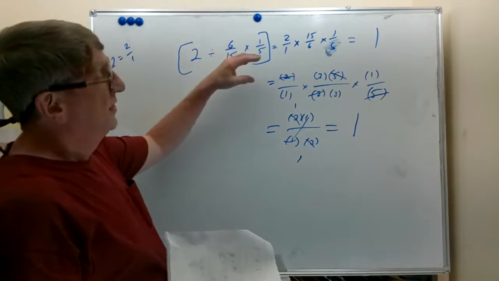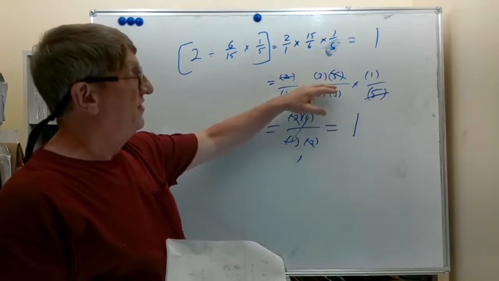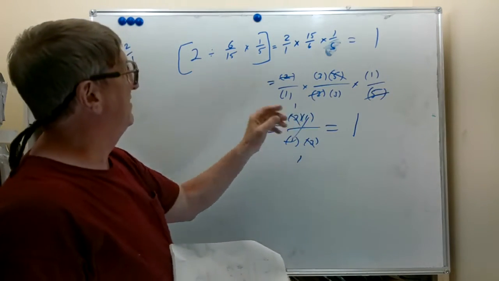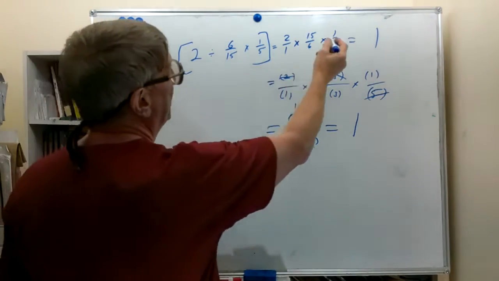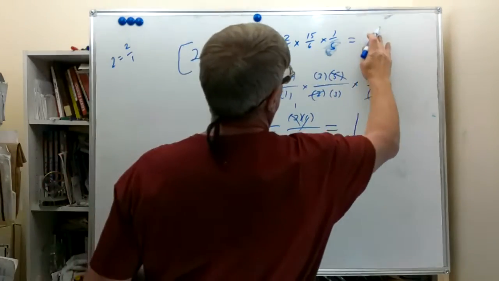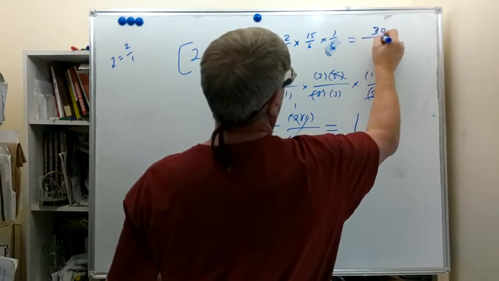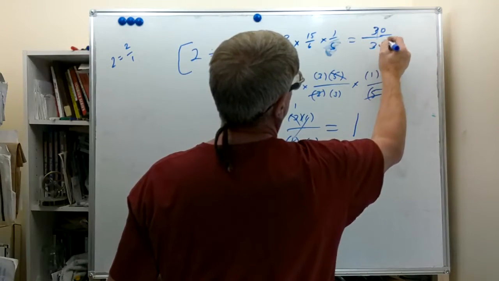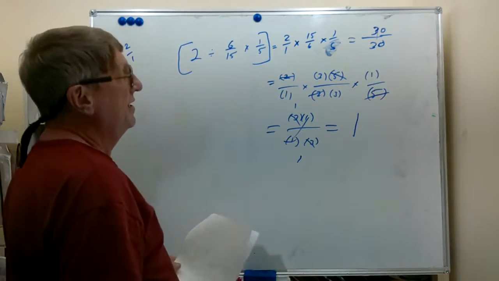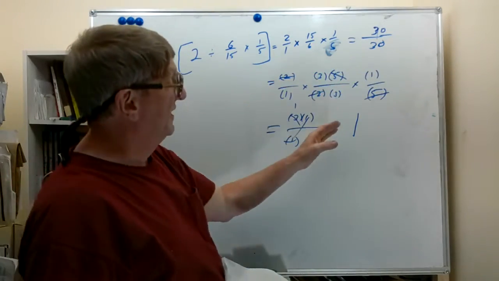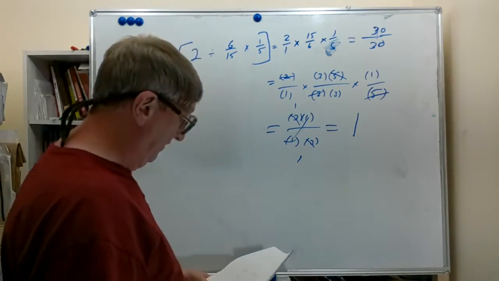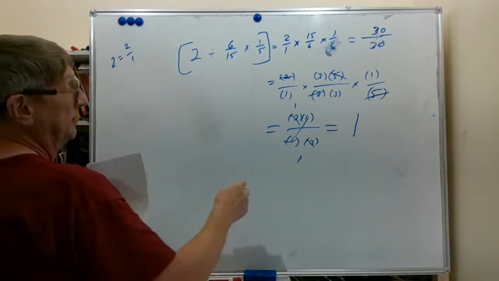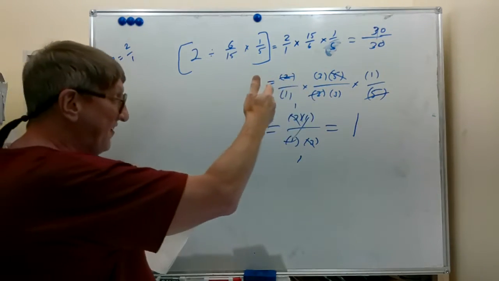But you see how reducing the fraction made that quite easy compared to multiplying it out, 2 times 15 would have been 30 over, well, that ain't too hard either. So it's pretty easy to see 1. But if this had been something other than 1, it wouldn't necessarily be as easy to see.